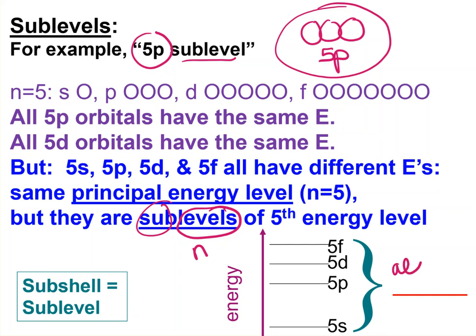These are all n equals 5, all part of the fifth energy level, and each one is a sublevel. And notice they have slightly different energies within that. The energy of a principal energy level isn't the same for all of them. There can be slight differences depending on which type of orbital they're in.